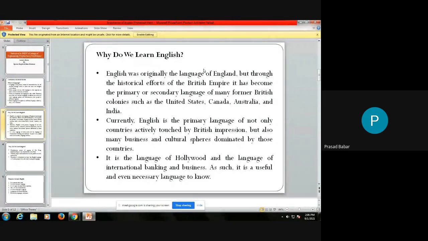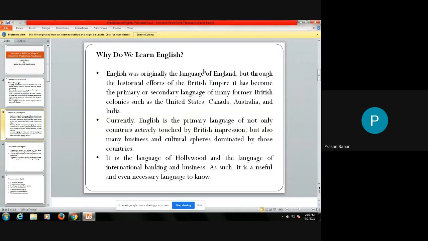We were the colonies of Britishers, and Britishers were the colonizers or emperors. Okay, so they imposed their English language on us. They started teaching their English language to Indian people or other people for getting benefit in the administrative process.